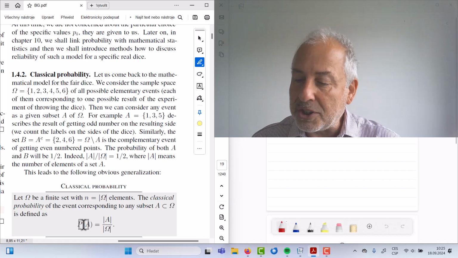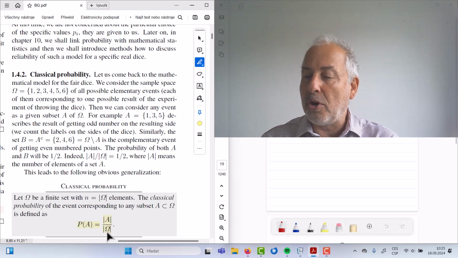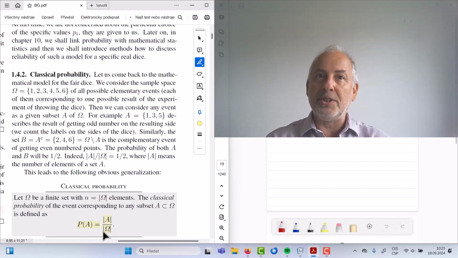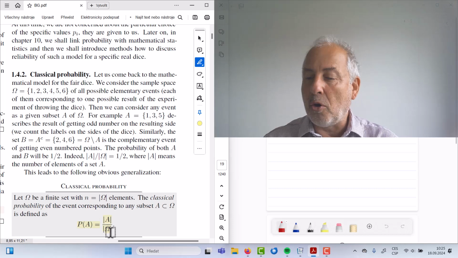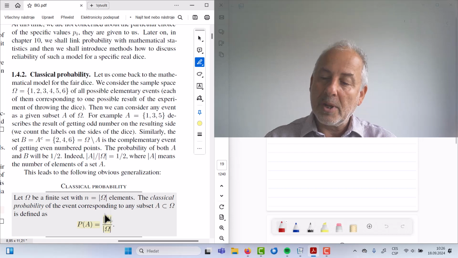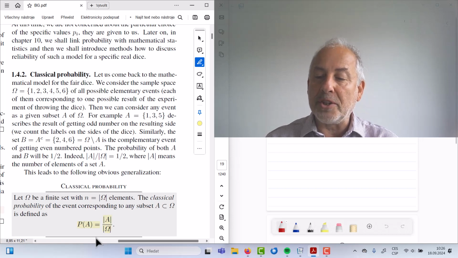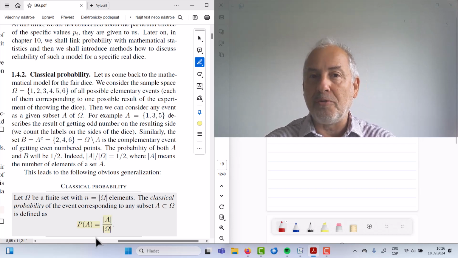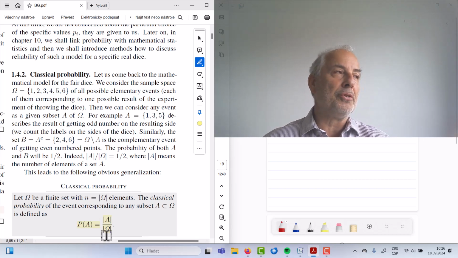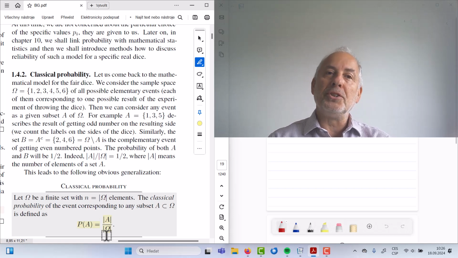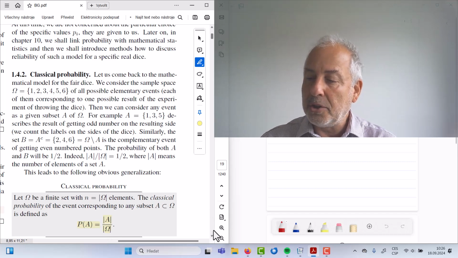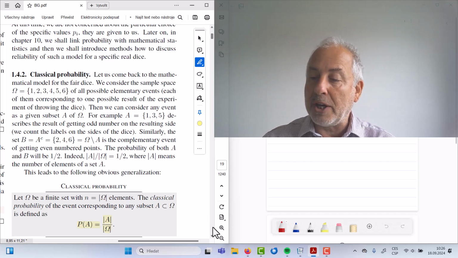So the classical probability says that if I've got the whole space of all the possible events, for simplicity we consider only finite ones, omega, and I get a subset A, then the probability is just the relation of the size of A to the size of omega. So the frequency of appearance is the same for each elementary event, and therefore we expect that this should be the right toy model for probability, and it is, right?